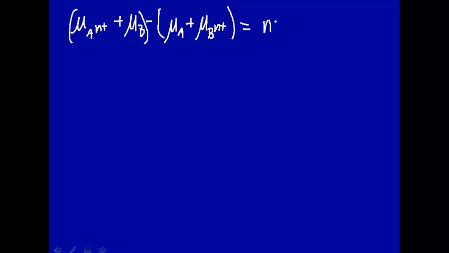That's equal to, I'll pull out the nF, the potential of Bⁿ⁺ minus the potential of Aⁿ⁺.